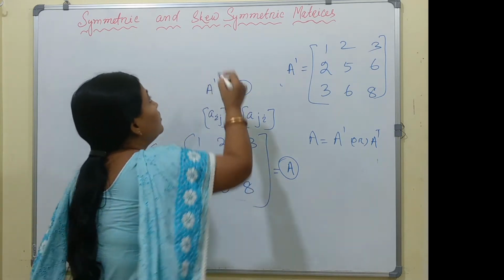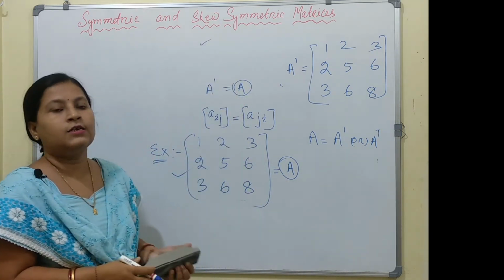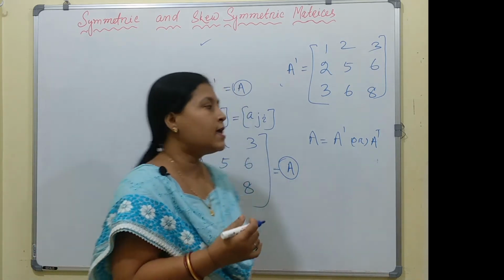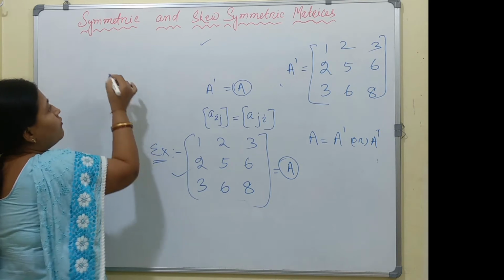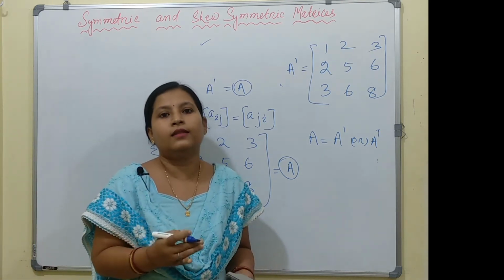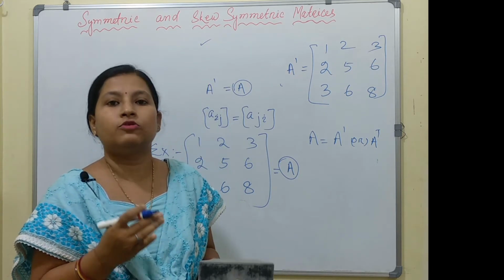Let's come to the skew-symmetric matrix. A skew-symmetric matrix is also a square matrix. If the transpose of a matrix is equal to the negative of the matrix, then the matrix is called a skew-symmetric matrix.